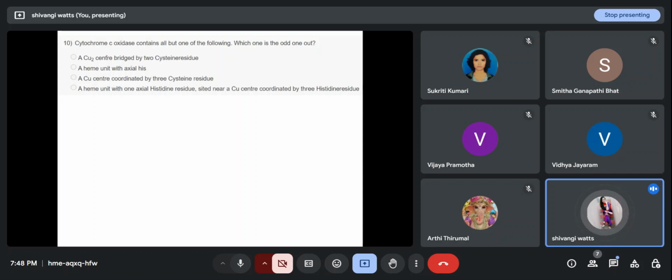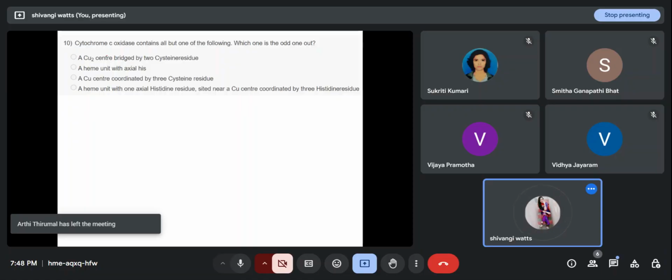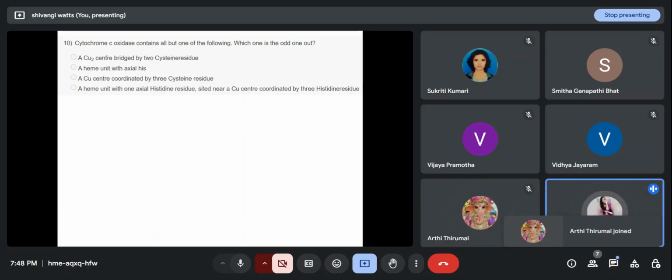So first option is a copper 2 center bridged by 2 cysteine residues. Option B is heme unit with axial histidine. Third option is a copper center coordinated by 3 cysteine residues. And fourth option is a heme unit with one axial histidine residue sited near a copper center coordinated by 3 histidine residues.